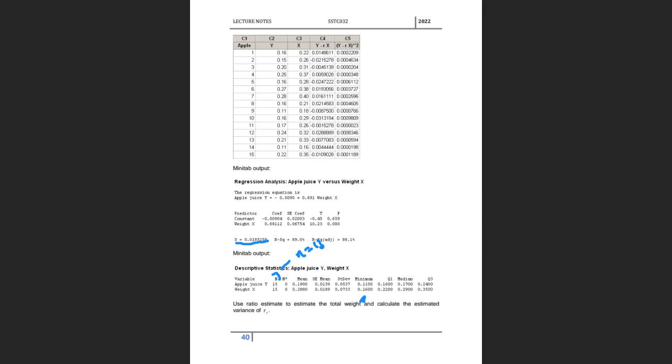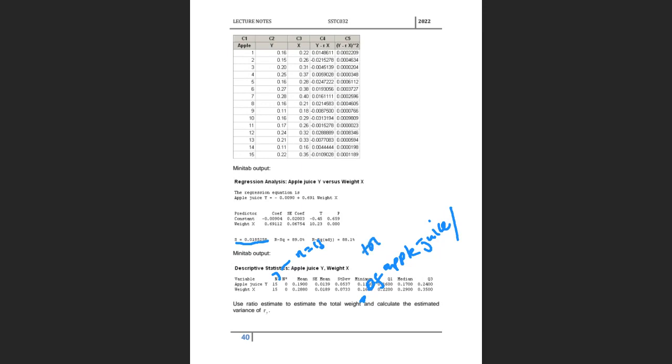Here is the total weight of apple juice. Okay. So in our case, it's not apple juice, it's the total sugar content.